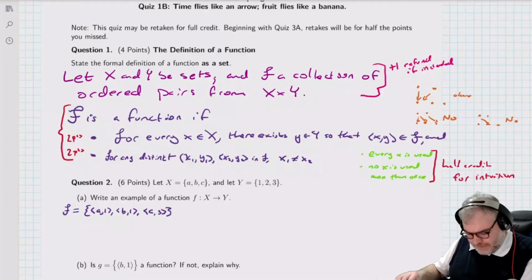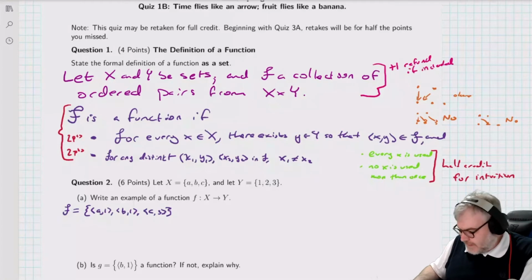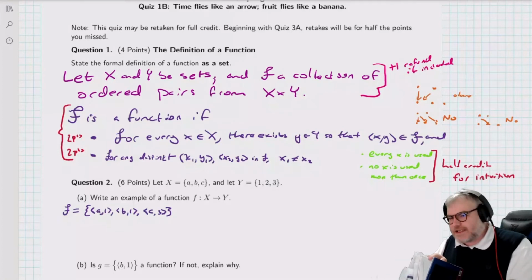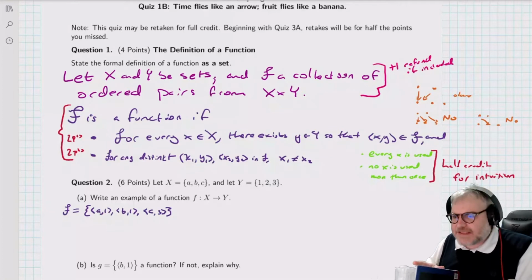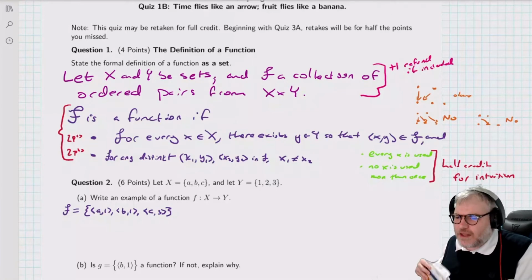Now, what's the moral of the story there? Right, so an expression containing two variables, one independent, one dependent, that's an intuitive definition. You would have gotten half credit for it.